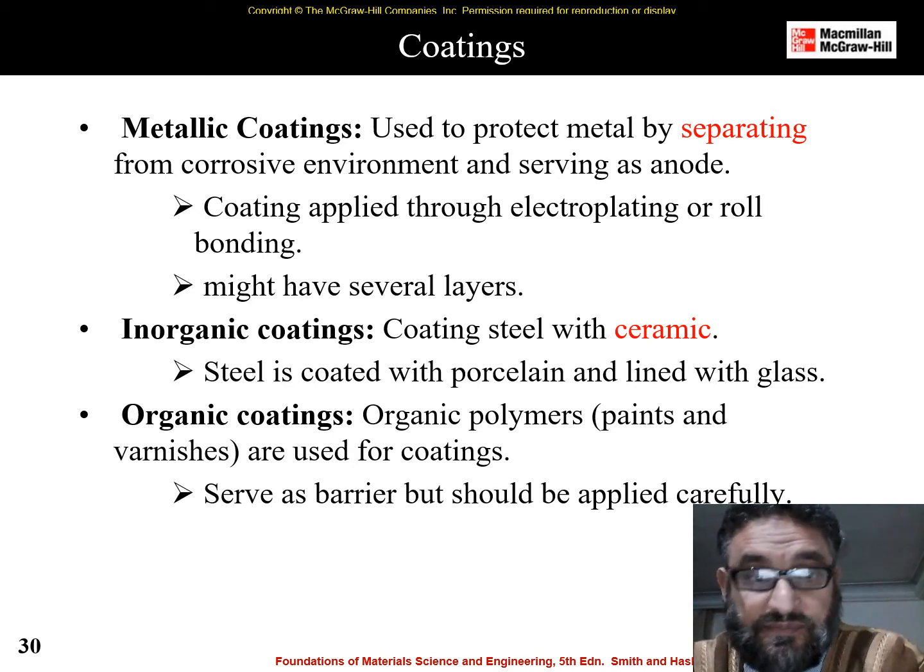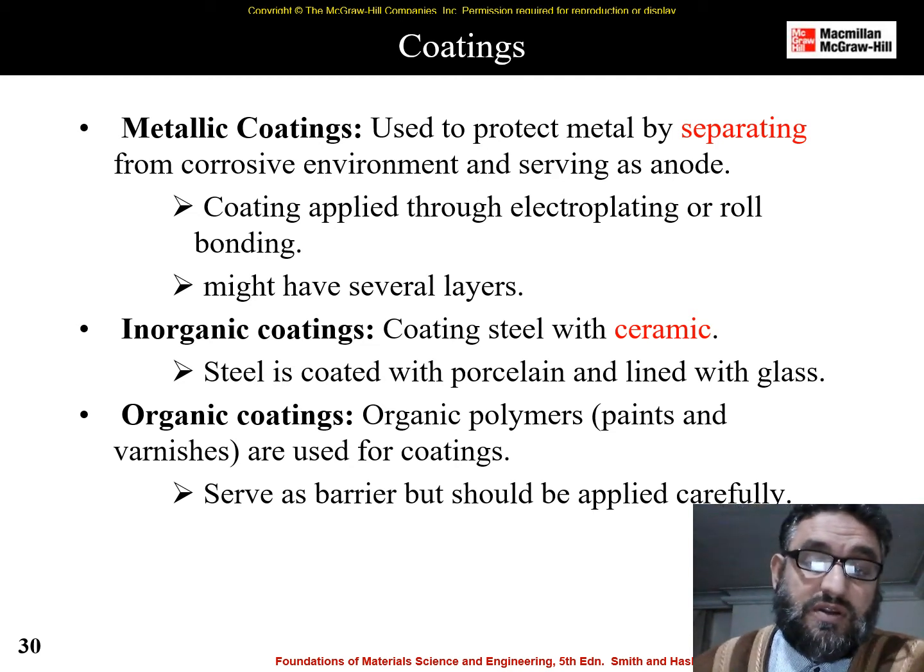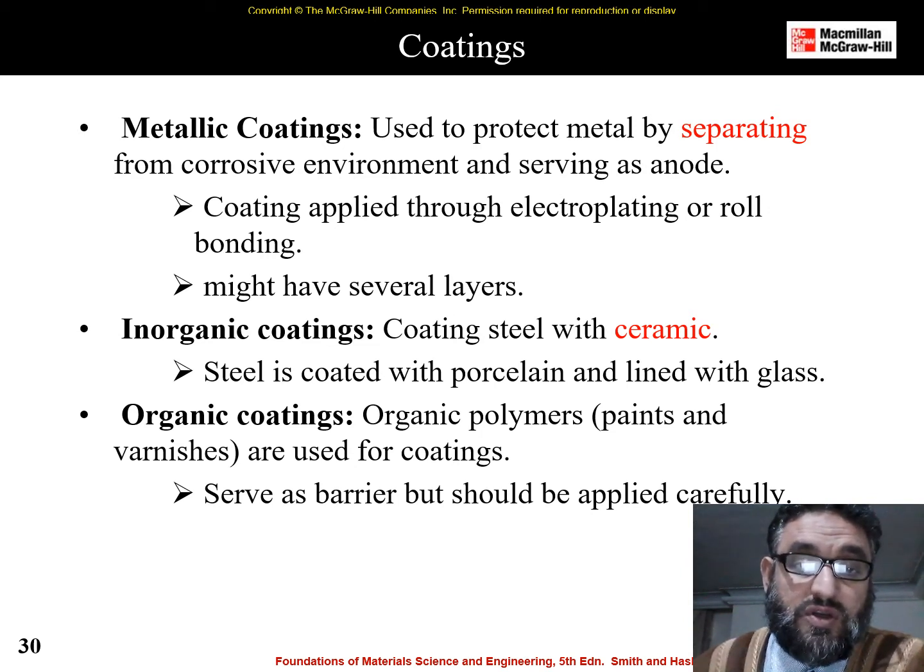Sometimes the metallic coatings, that means the coating or the paint, involve metals, or we can coat by electroplating. We coat some metals. These metals play a major role in protecting our iron from corrosion.